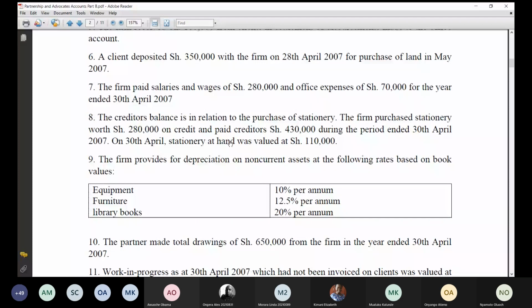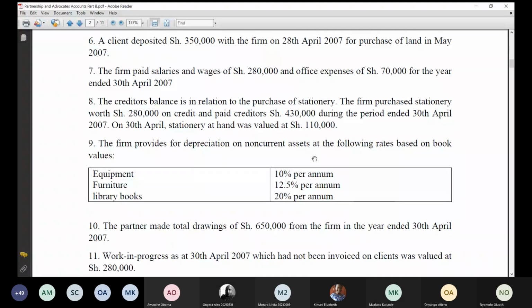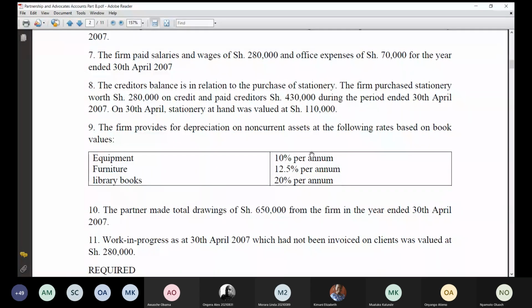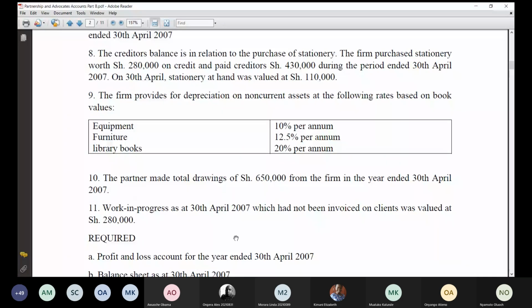So when you see a skit like this, then as we've always said, you start redirecting your mind to the usual culprits. The firm provides for depreciation of non-current assets, equipment at 10% per annum, furniture 12.5%, library books 20%. The partner made total drawings of 650 from the firm in that year.